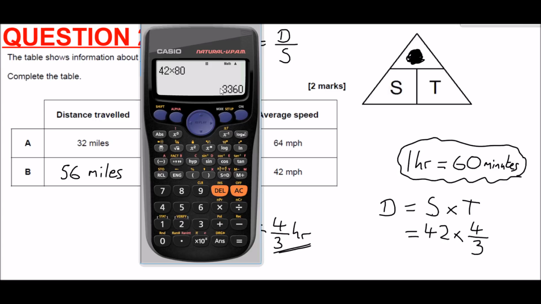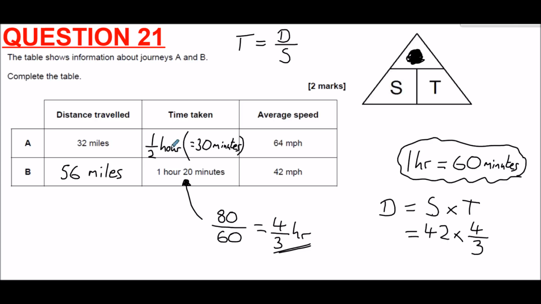Obviously it's not going to be travelling 3,360 miles. That's because we use minutes in our calculation. So to go from minutes and think about how far I travel in an hour, the conversion factor is 60. So we could then divide by 60 at the end, and we get 56. So part B, definitely slightly harder than the first part, but that's how you'd complete both bits of the table for question 21.